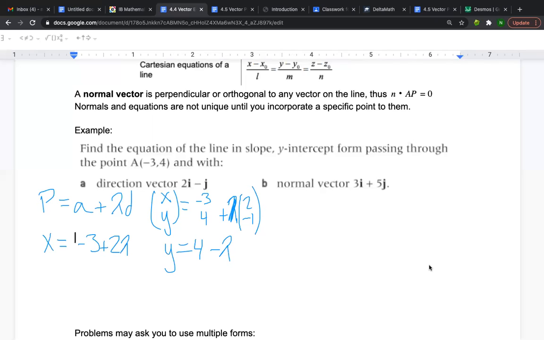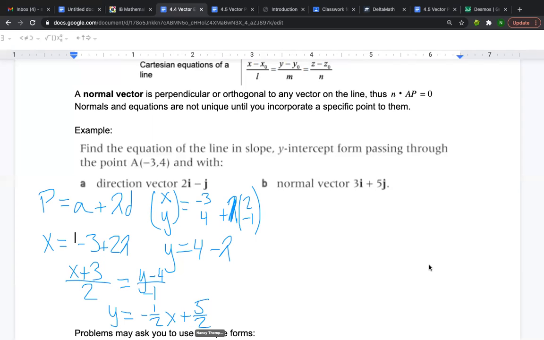So I end up solving for lambda, and I get (x plus 3) over 2 is equal to (y minus 4) over -1. And now I'm just going to solve for y. This is just algebra. I really hope by now you can do that. You cross multiply, you solve for y. You should end up getting y is equal to -1/2 x plus 5/2.